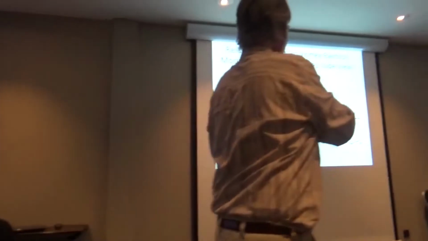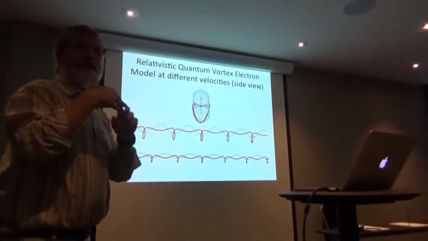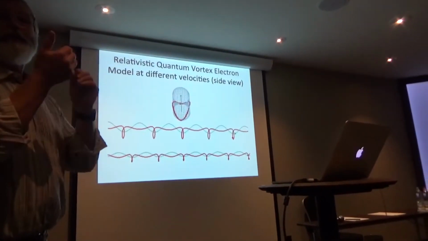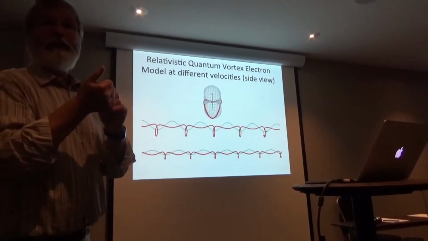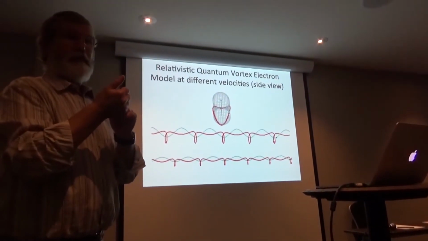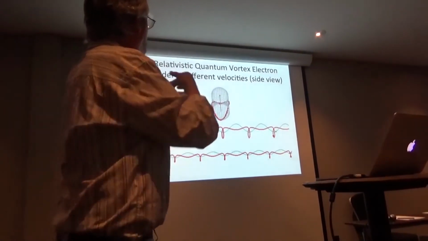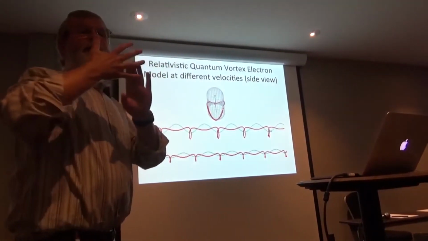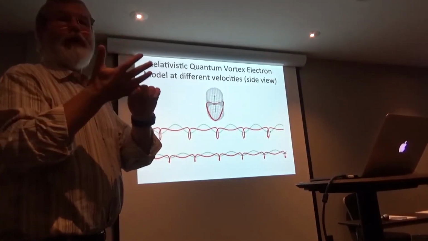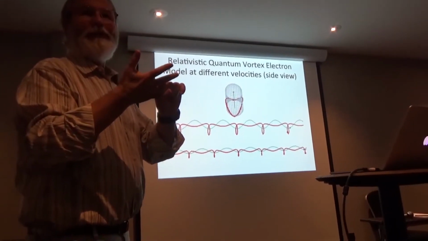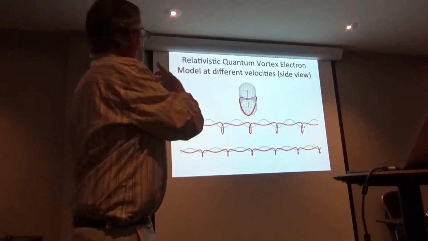Now, my model, from some previous work, because I used to think that an electron was a spin 1/2 charged superluminal photon. That was my general idea, but the problem was photons are not charged, they're not superluminal, and they're not spin 1/2.